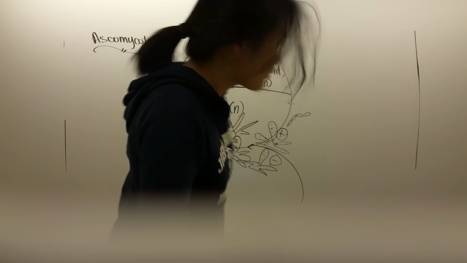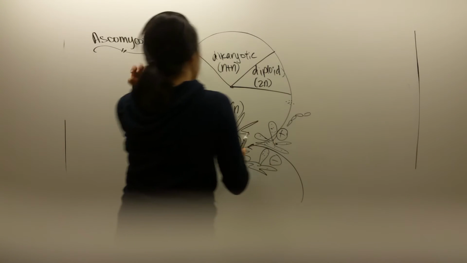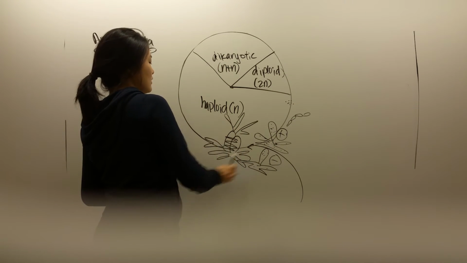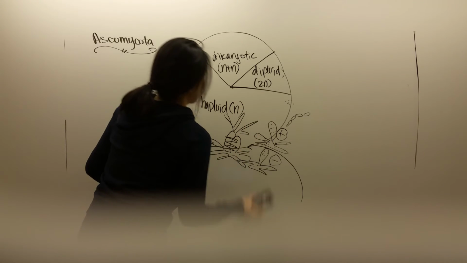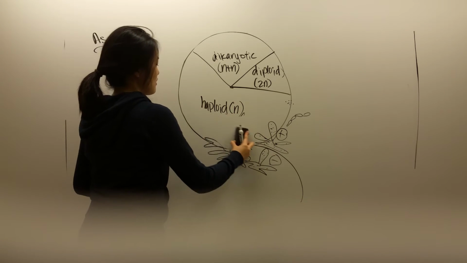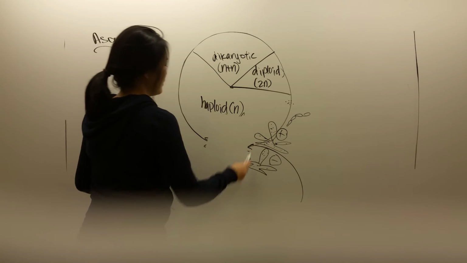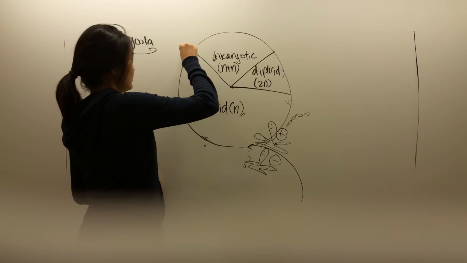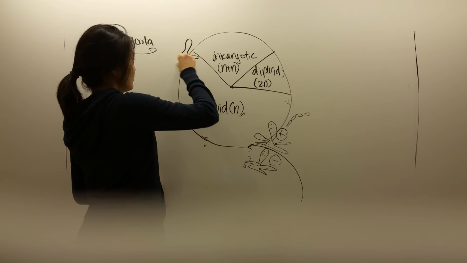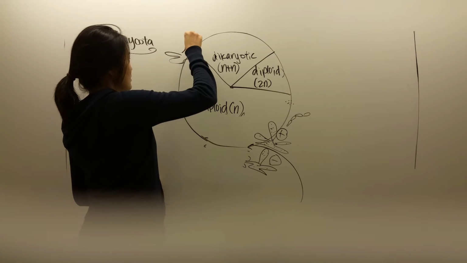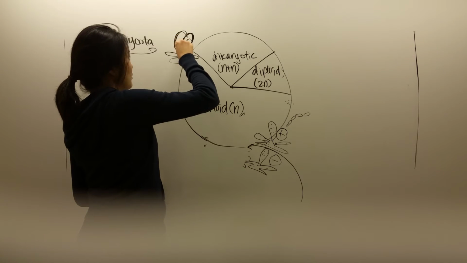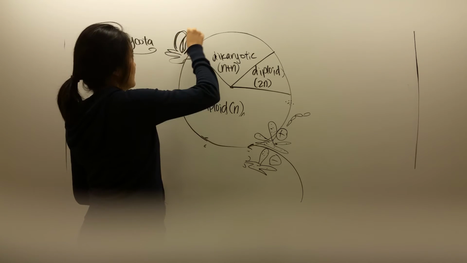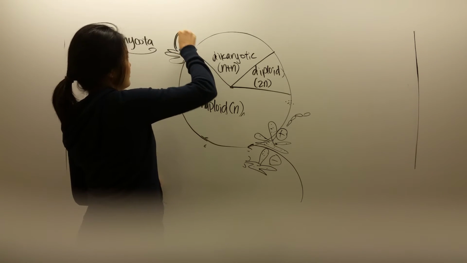Okay, cool. So right before they fuse, they're still haploid. So this should actually be right about here. This is the bulb, and this is the other bulb. That's a really messy drawing.